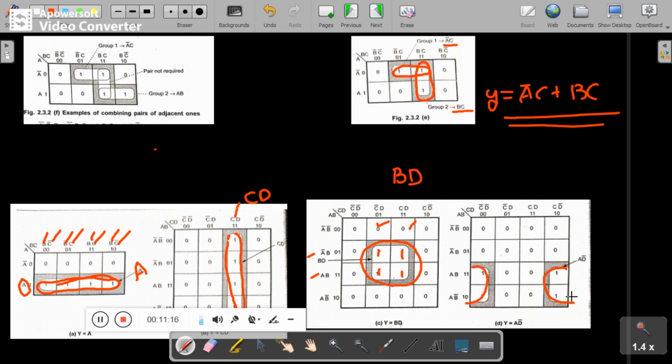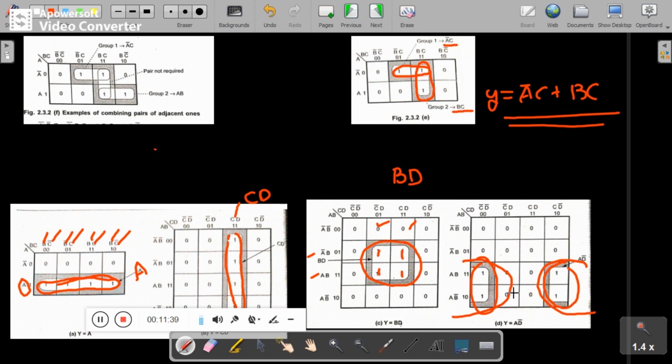All these are called adjacent cells. So when you group these cells, you have to remember one thing. Here some students will group like this. They will make a separate group of 2 ones. But we have a provision to make a group of 4 ones because these and these cells are adjacent. So when these cells are adjacent, you can make a group of 4 ones.